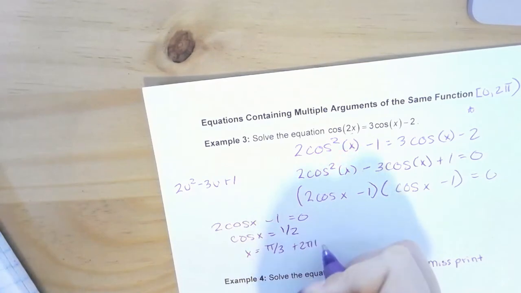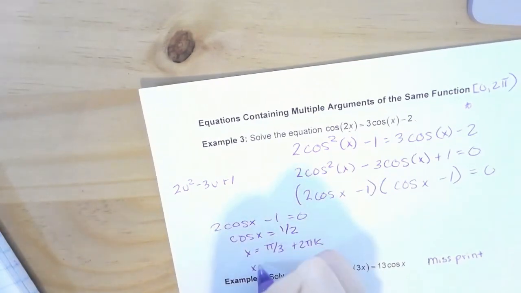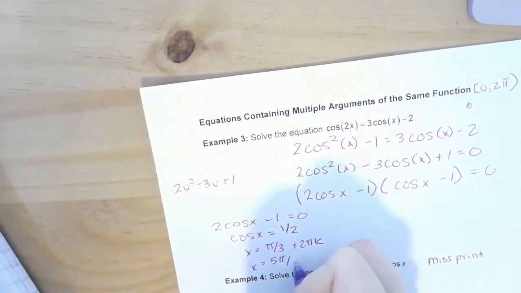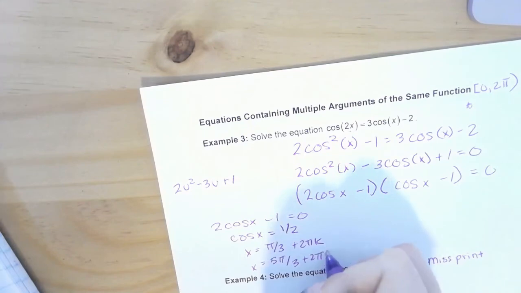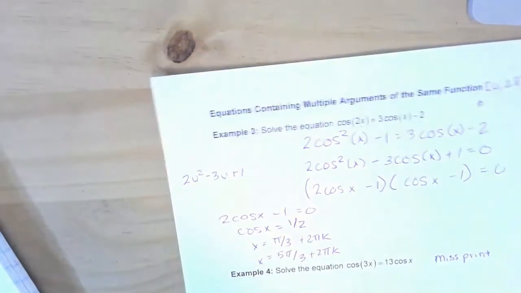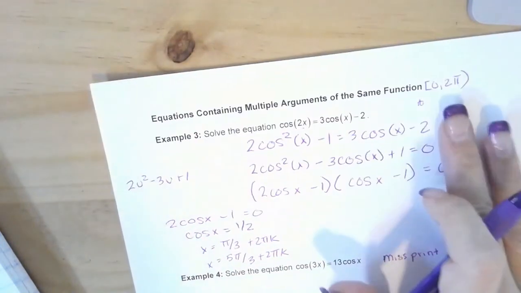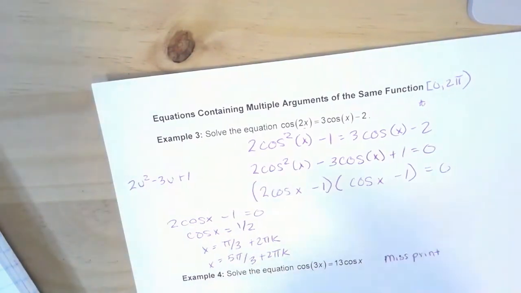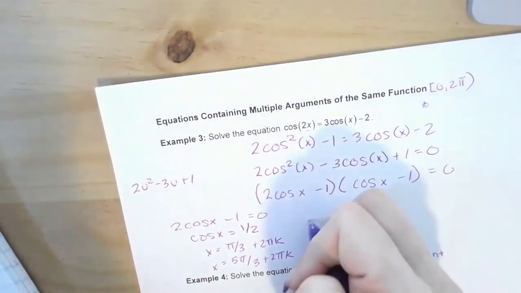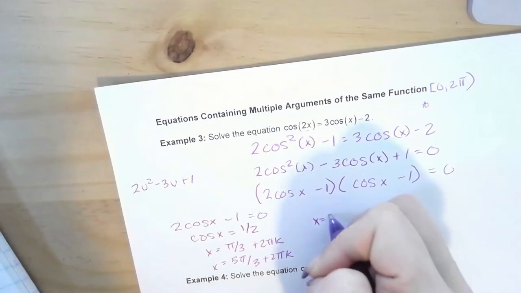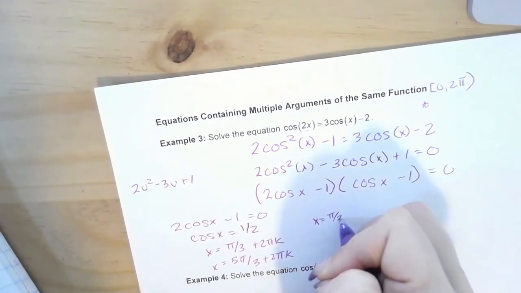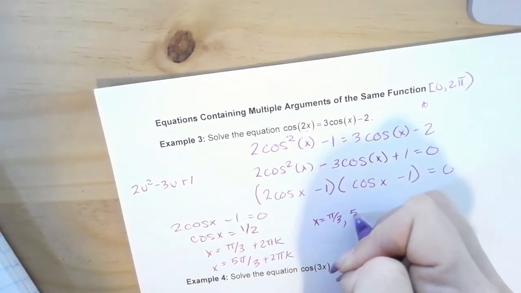And we know it happens at 5 pi over 3. And that keeps going around and around. But the only k that works in our interval is k equals 0. So I get x equals pi over 3 and 5 pi over 3.